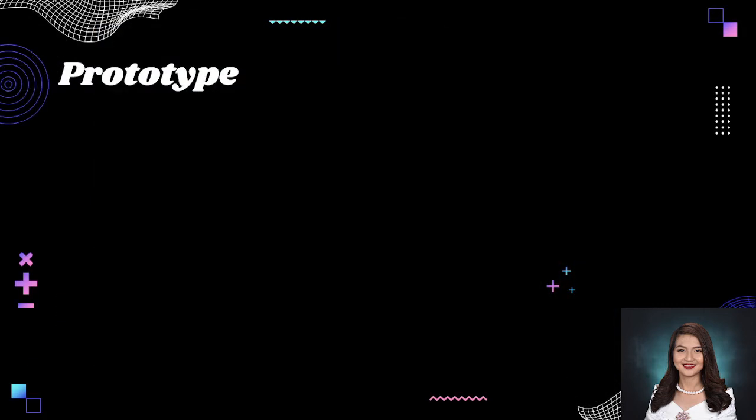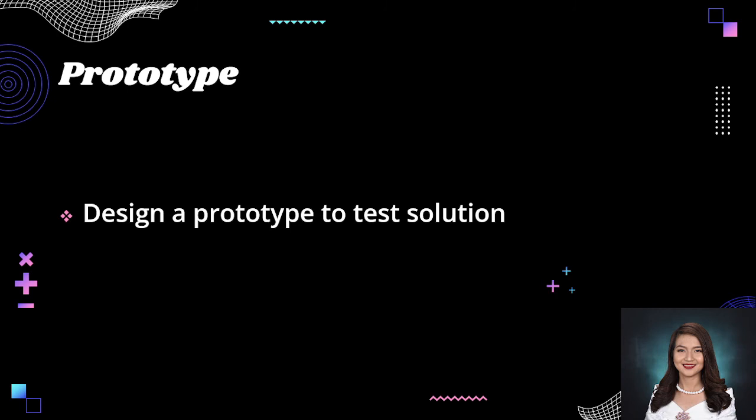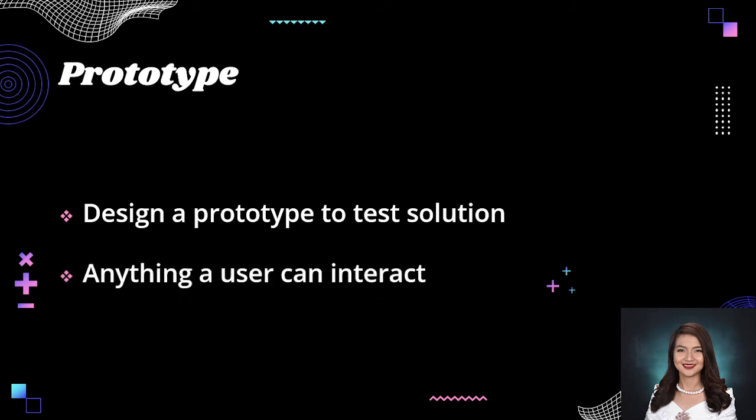Next, we have here the prototype. In prototype, you need to design a prototype to test the solution. The students go through a repetitive cycle of prototyping and testing. A prototype is anything that a user can interact with in order to later on provide feedback about it.